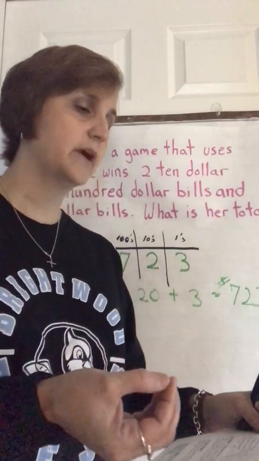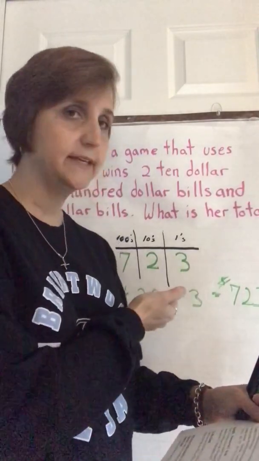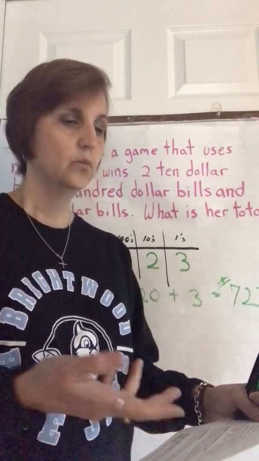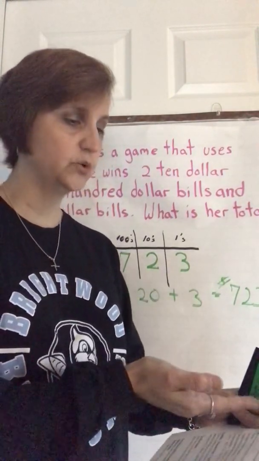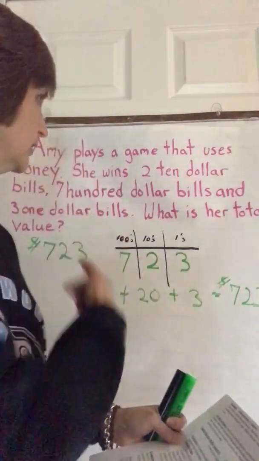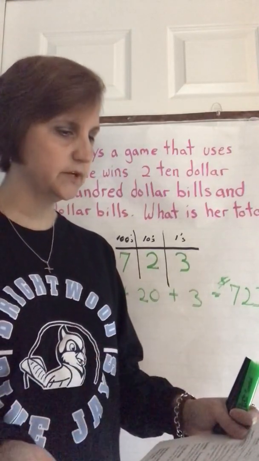So if I were thinking about our 3 reads, what is this problem about? Well, again, it's about money. It's about what Sam won. What does it want us to find out? Again, what is the total number of bills Sam won? What is his total value? Just like Amy's. What information is important to us?